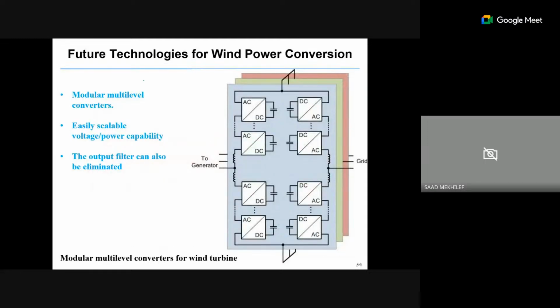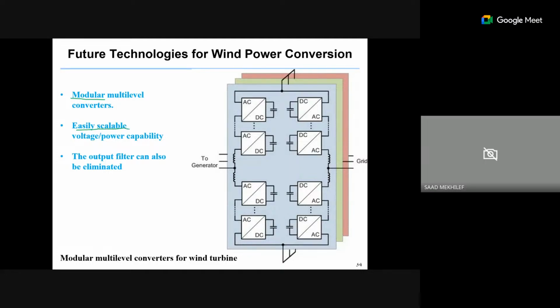Also, future topologies include the modular, and that's a good thing. Modular multi-level converters. It's multi-level, but it is modular in nature. See here, we have a few three-phase units connected together, easily scalable. That's a good thing.